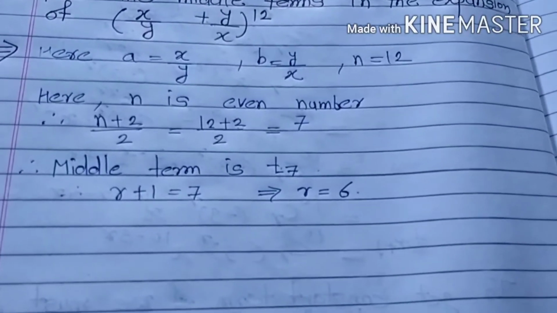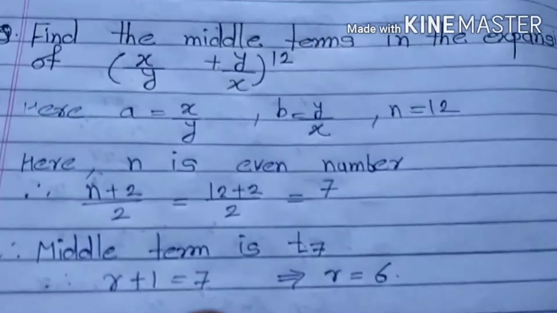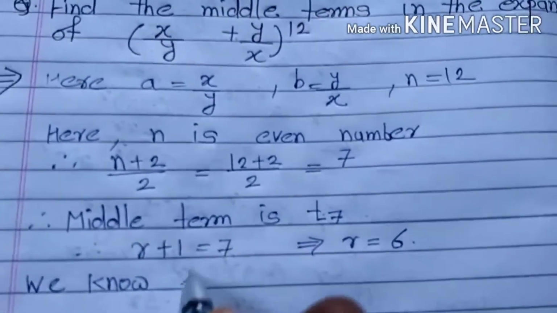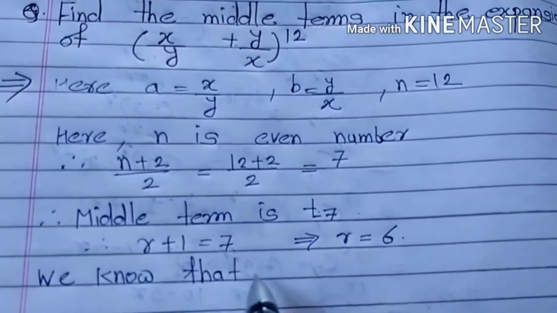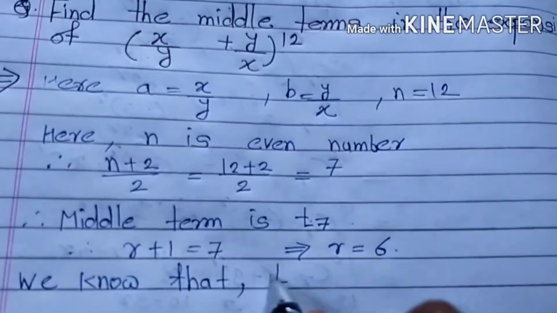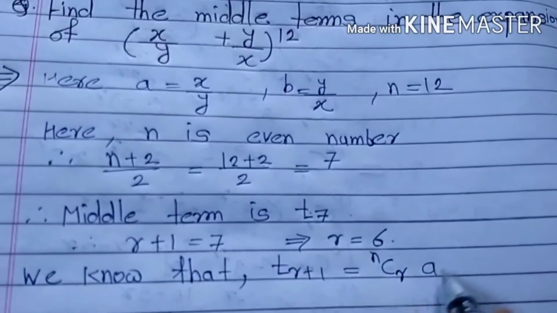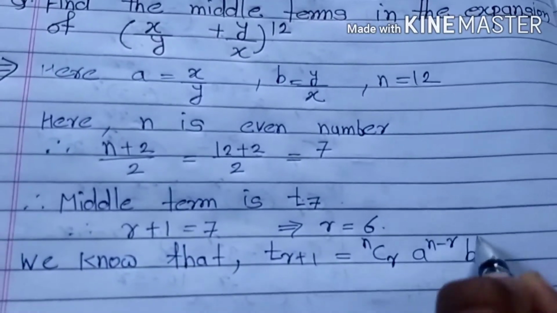Now we use the general formula, the formula to find the general term. We know that T(r+1) is equal to nCr a^(n-r) b^r.